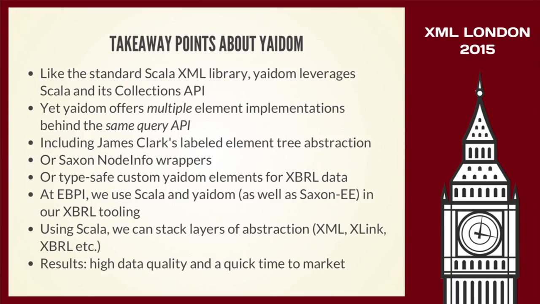A very minimal element implementation is the James Clark element tree abstraction, the labeled element tree abstraction, in which prefixes do not occur, but namespace URIs do. And they're also supported natively by yaidom. They are a basis for checking differences between elements if you don't need schema type awareness.